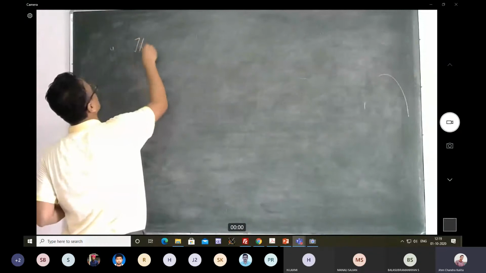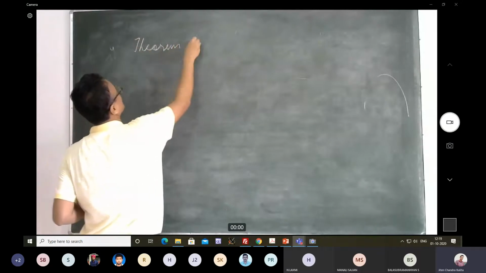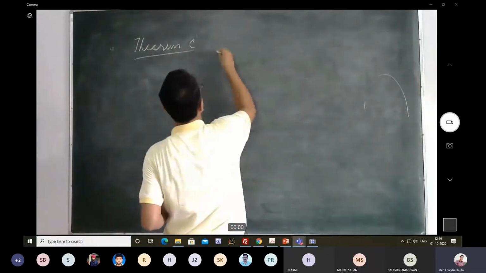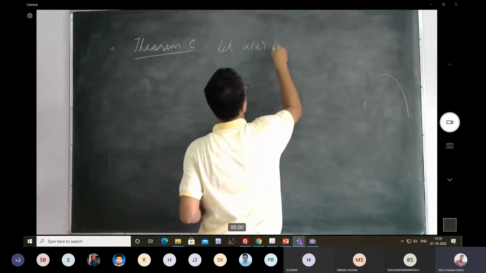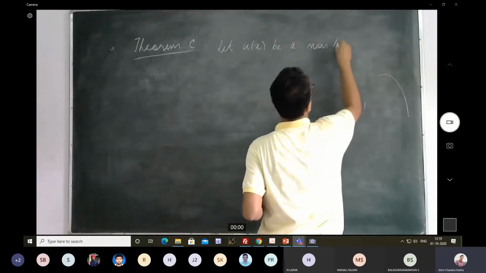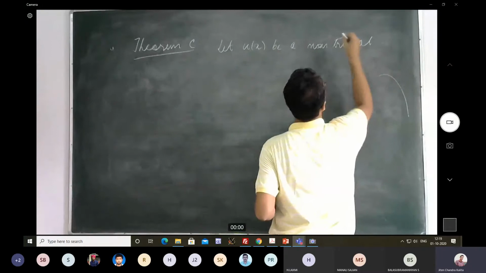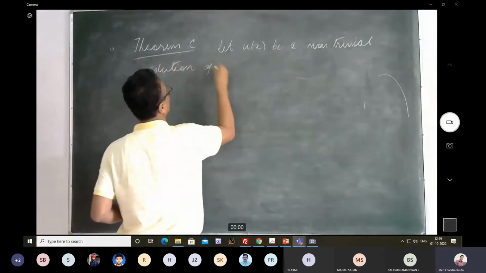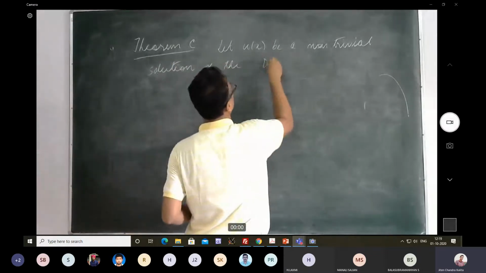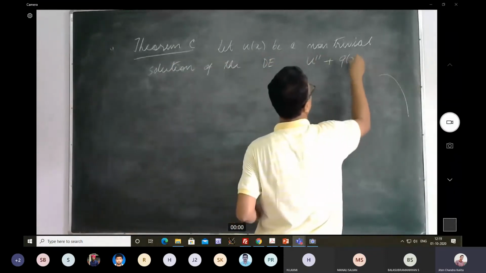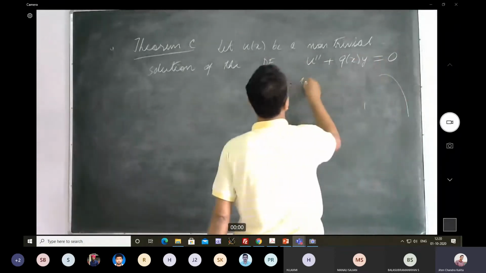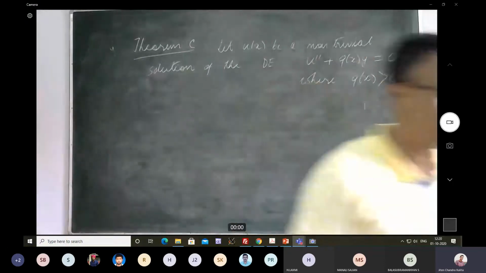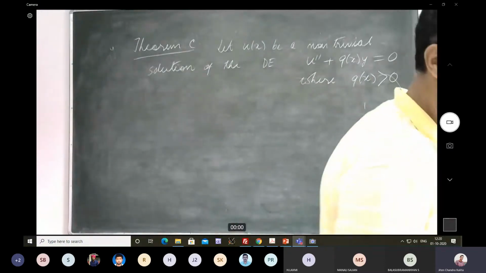Okay, so the theorem. I'm simply following the text. Let u(x) be a non-trivial solution of the differential equation u'' + q(x)u = 0, where q(x) is strictly greater than 0.